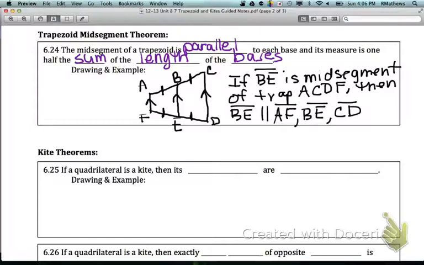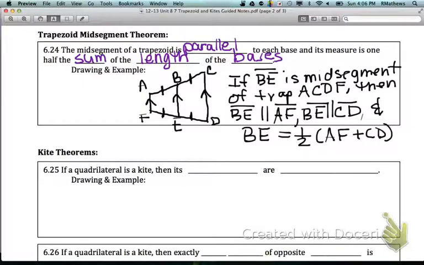Whoops, I didn't write parallel. Sorry about that. BE is parallel to CD. And finally, in terms of its length, BE equals half of AF plus CD.